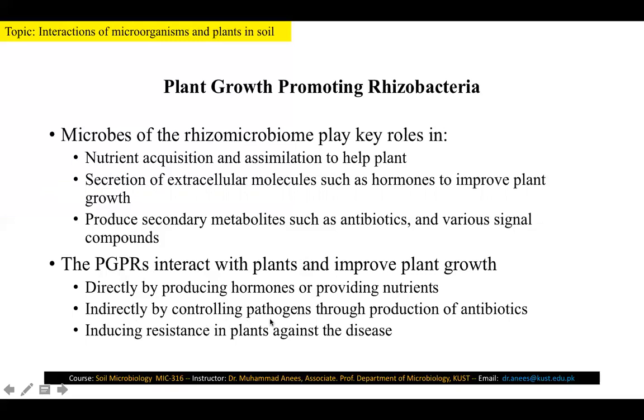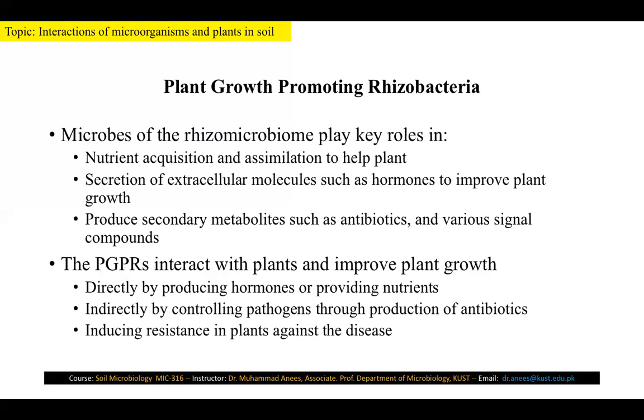Indirectly means that they may not interact with the plant, but they may interact with the pathogens which attack the plant. So by controlling those pathogens, this is an indirect help to the plant. So this is the indirect way they help the plant and improve plant growth.